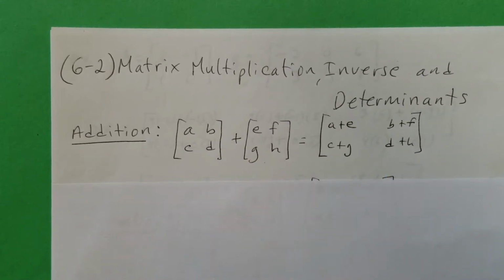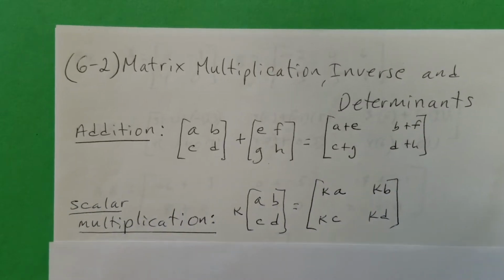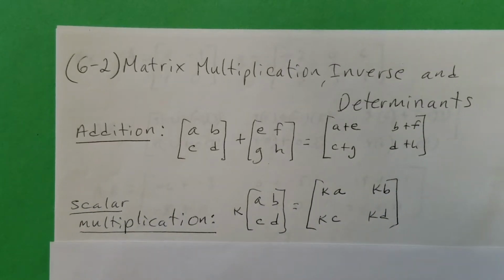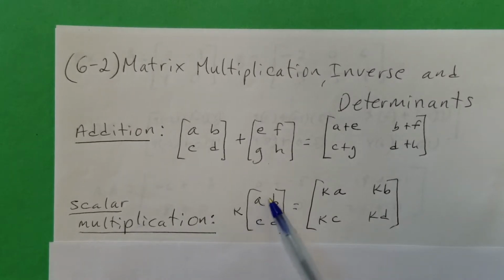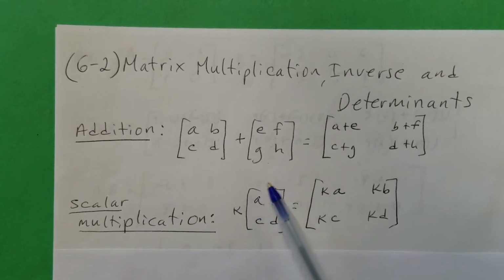So that's pretty easy. And then you have what's called scalar multiplication. Scalar, scale up, scale down. What if you have a matrix and you want to double that? Well, just go inside and double every number. What if you want to take 1/4 of that? Well, just go inside and take 1/4 of every number. What if you want k times that?